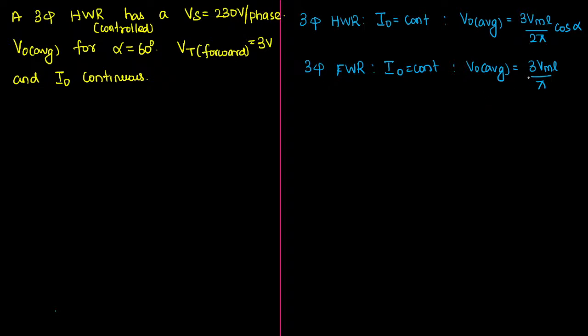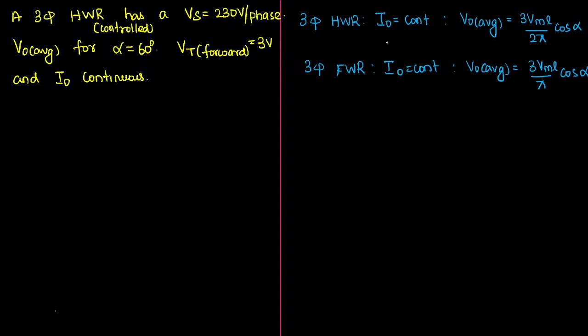If you multiply the half-wave rectifier V0 average by the factor of 2, that will give you the expression for the full-wave rectifier. We got it? That's all. So now you know the V0 average expression for continuous load.